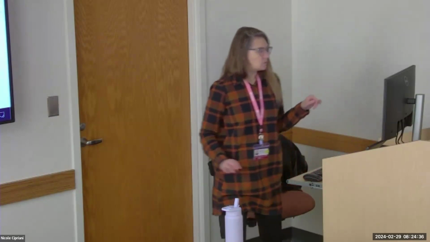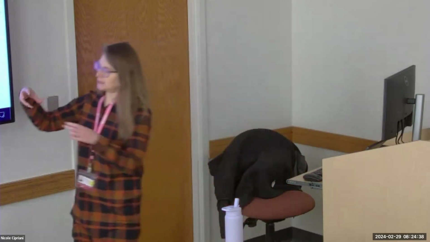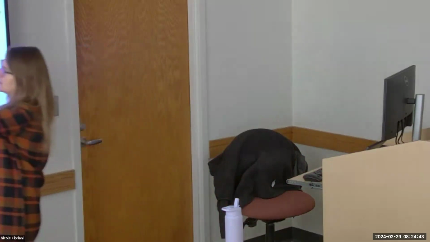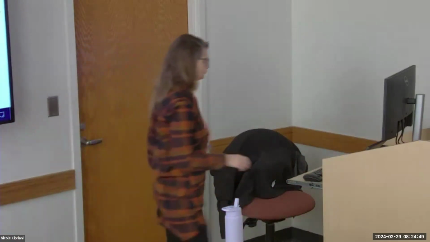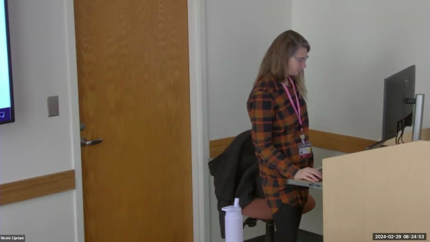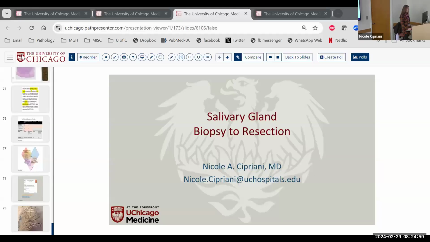I have 3 different salivary cases. One of them starts as core biopsies and then moves to the resection, and the others are just resections. Do you have a preference? Core biopsy? Okay, perfect.